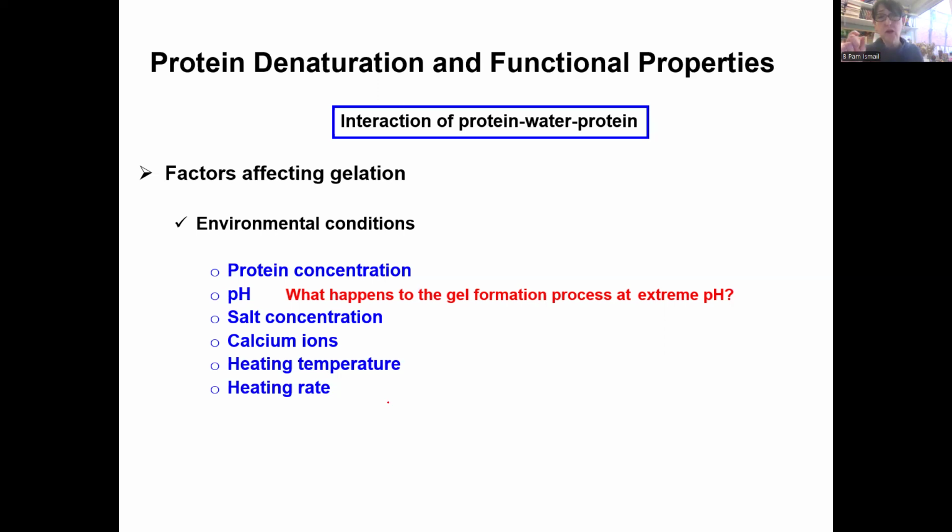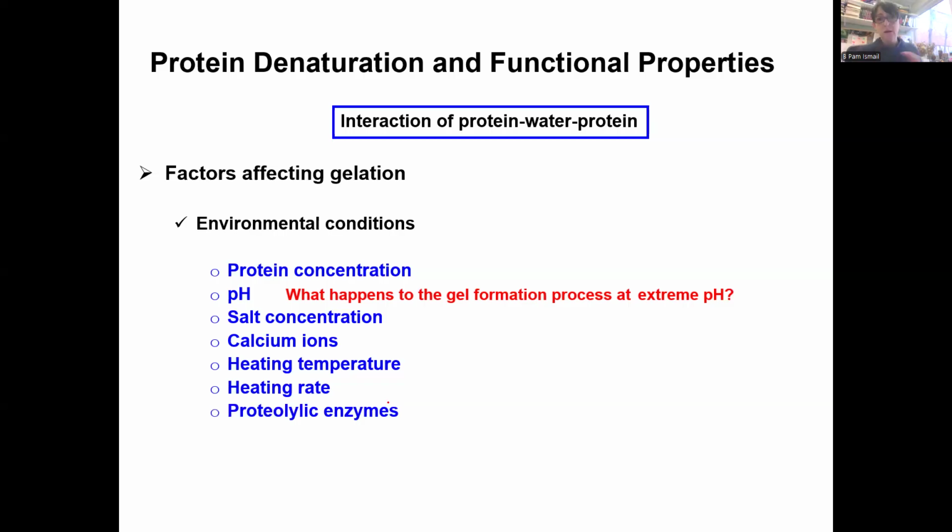If the temperature is really high and the protein solution is increasing in temperature very quickly, protein-protein interactions and aggregation happen very fast. It becomes a really fast process leading to protein precipitation, rather than the slow denaturation and coming together, forming soluble aggregates, and then forming a nice network and trapping water. So heating temperature and heating rate are very important.